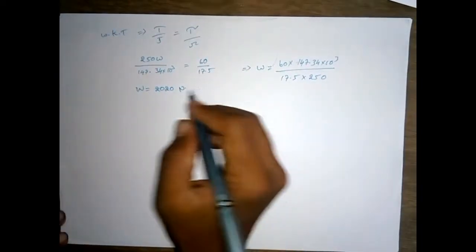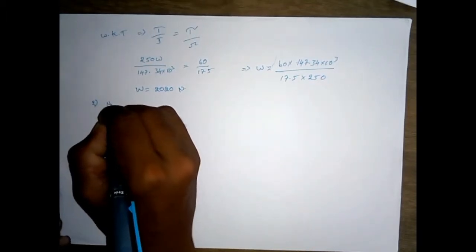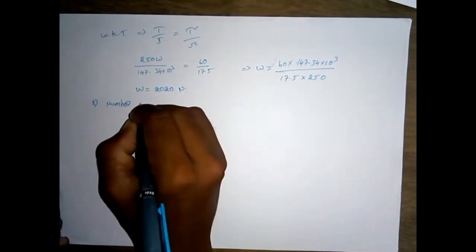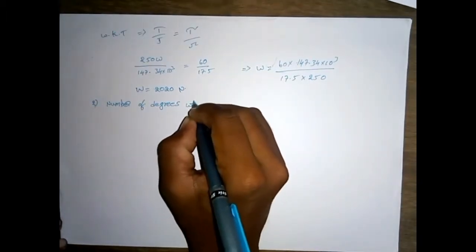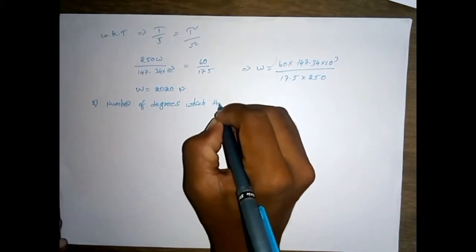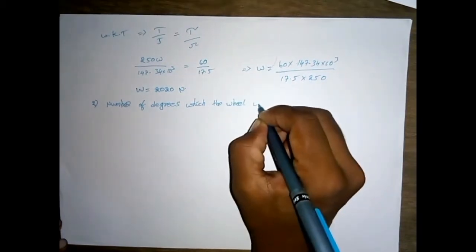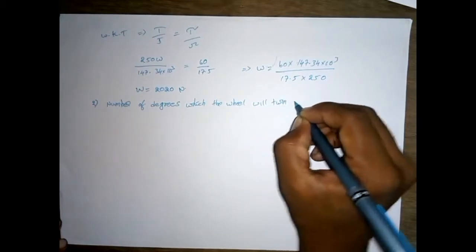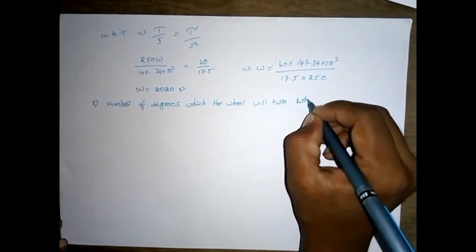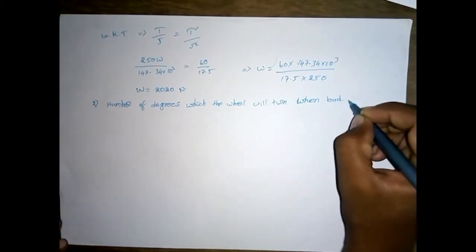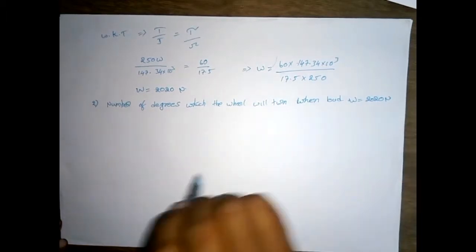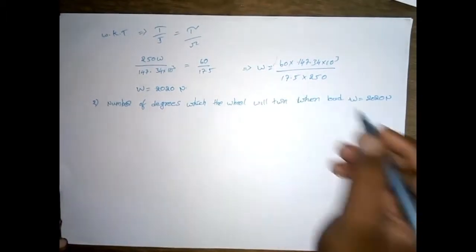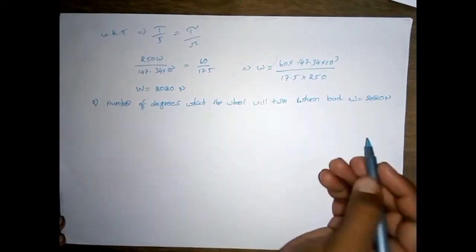Then in the second condition, that is the number of degrees through which the wheel will turn when the load W is equal to 2020 newtons, that is the same applied load.